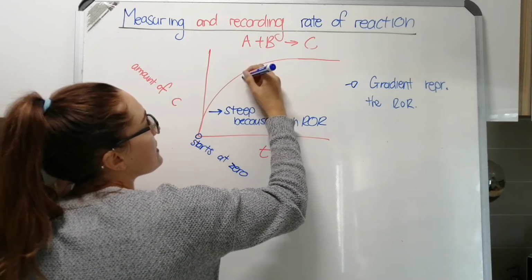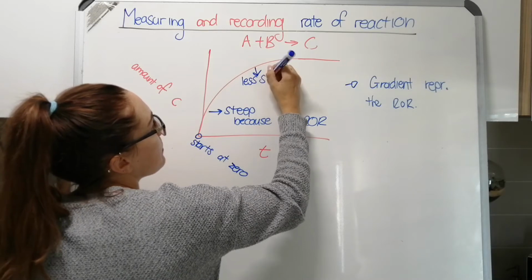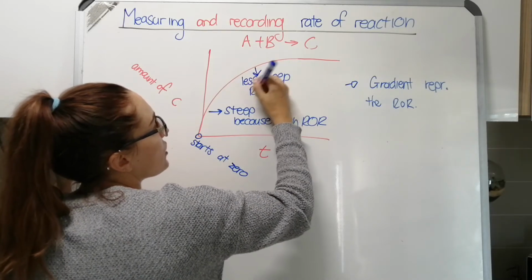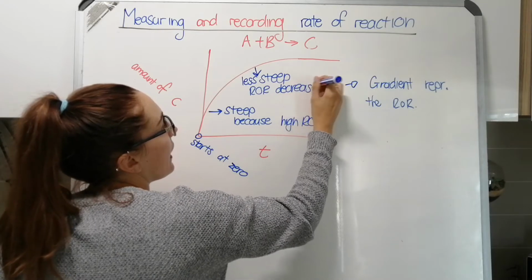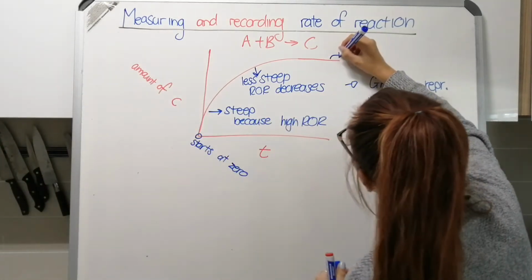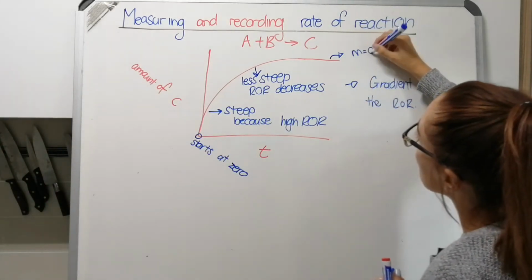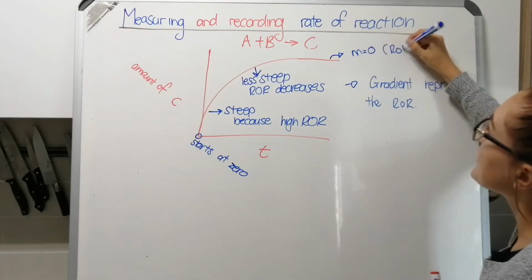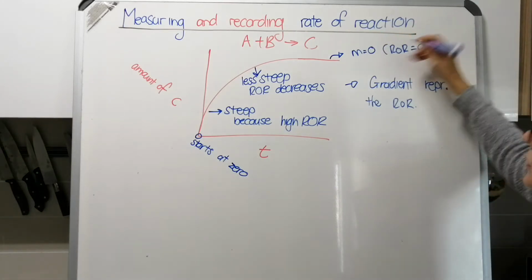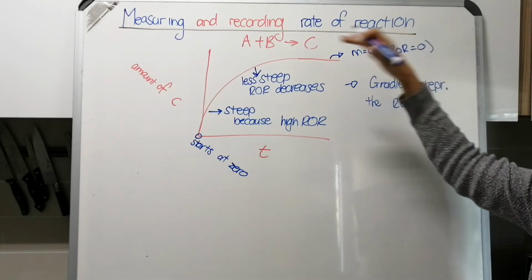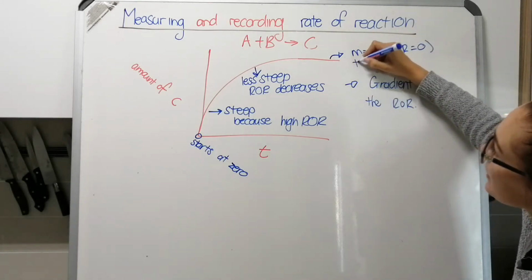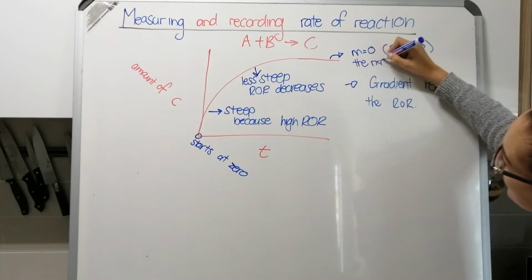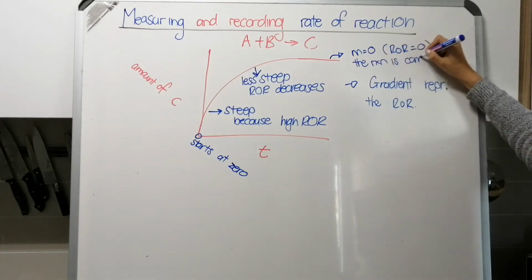Okay, it gets less steep as the rate of reaction decreases, and then eventually the gradient is equal to 0, i.e. the rate of reaction is equal to 0 when you've got that flat line. Remember, that's a 0 gradient, and this basically means that the reaction is complete.